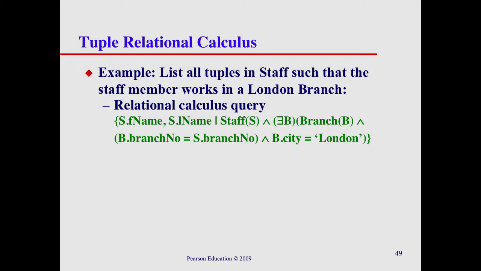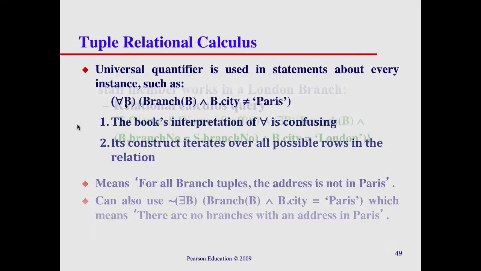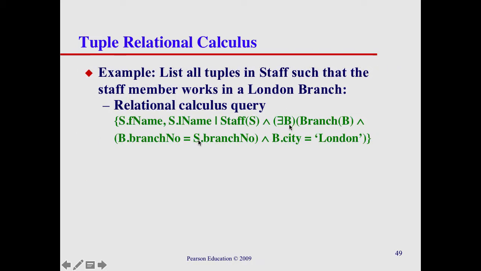And as you can see, when we use there exists or for all, there's always one or more tuple variables associated with them. And these are called bound variables.